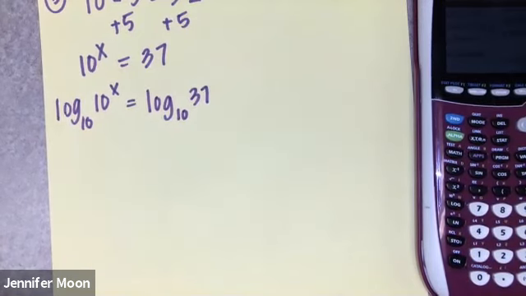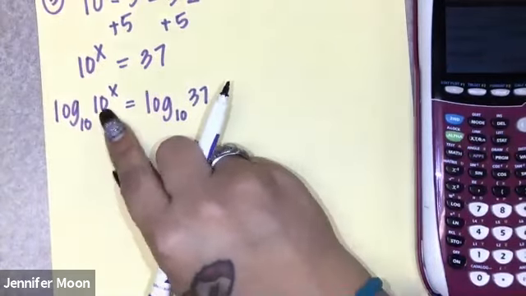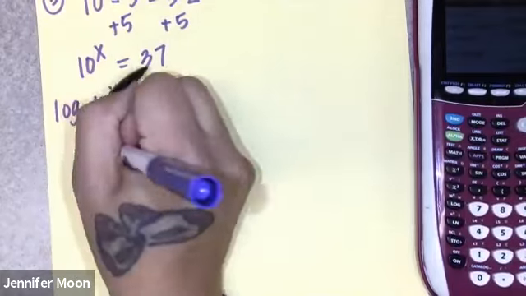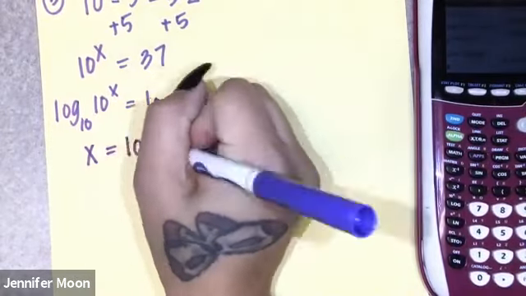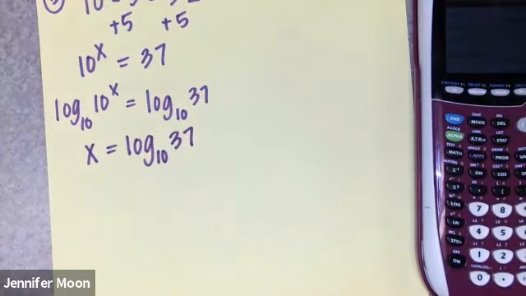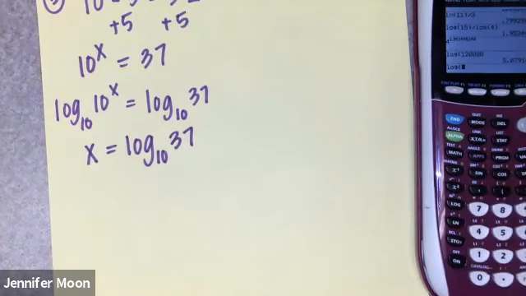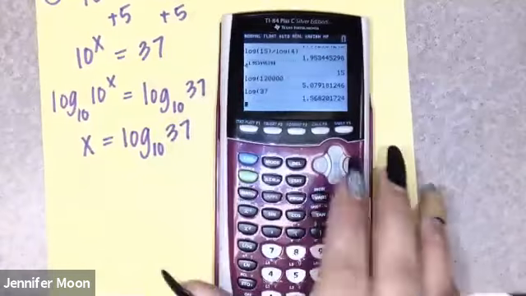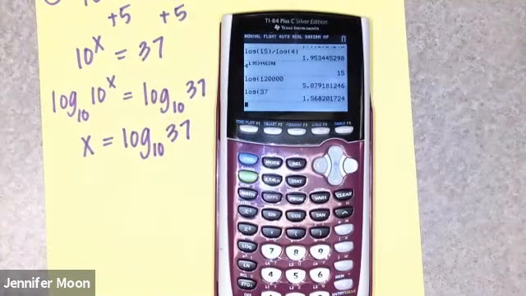So on the left-hand side, b to the x is just x. So you have x equals log base 10 of 37. Because it's log base 10 of 37, I don't have to do the change of form.